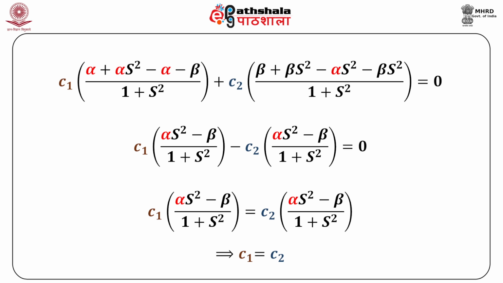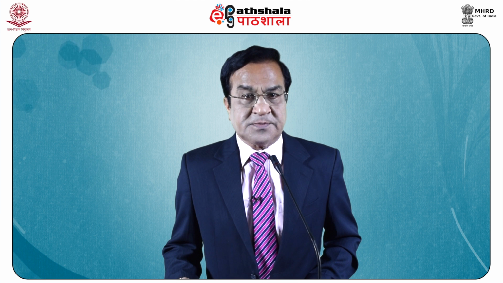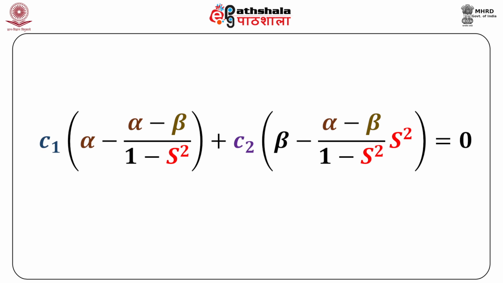Now if we simplify this equation, you can see that ultimately we get C1 is equal to C2. That means the two coefficients are equal. In an identical way, if we substitute EA minus in equation A, then one gets this equation: C1 into bracket alpha minus alpha minus beta upon 1 minus S square bracket closed, plus C2 into bracket beta minus alpha minus beta upon 1 minus S square bracket closed is equal to 0.